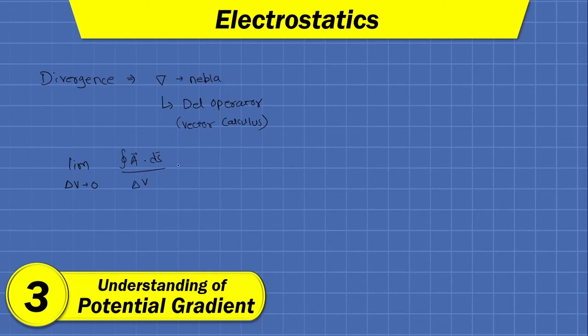So this is called the divergence, and it is represented by nabla dot A bar, and it was defined in Cartesian coordinate system as del Ax by del x plus del Ay by del y plus del Az by del z. And this is how we can calculate the divergence.